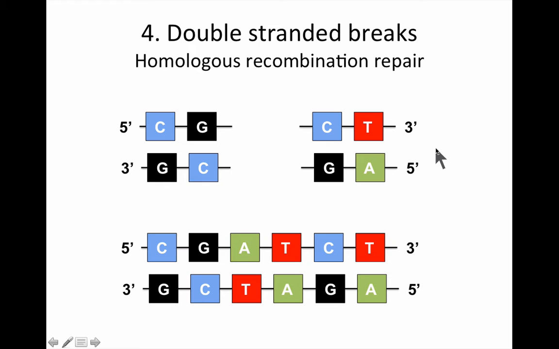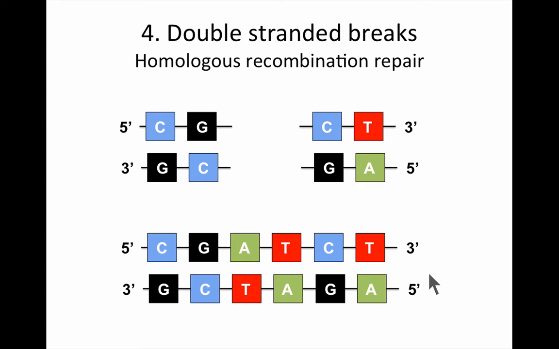So if the DNA on the top represents a region on chromosome 1, you have a second chromosome 1 that has similar genetic information. What this means is that the similar genetic information, or we say homologous, can be used to repair the broken DNA.